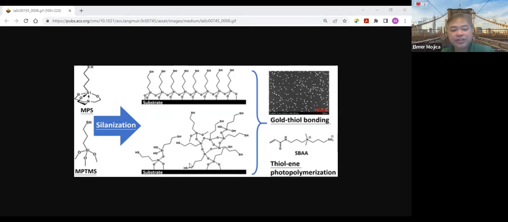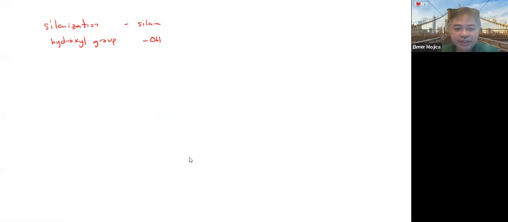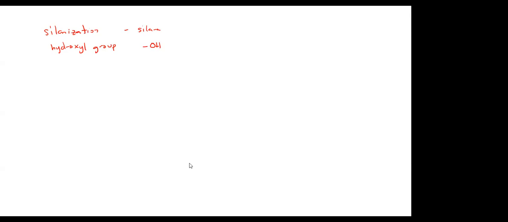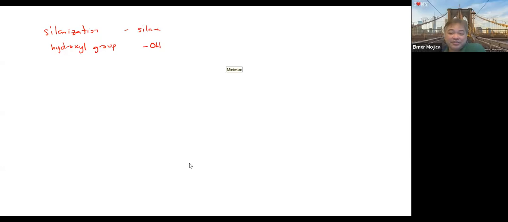I don't know if you have heard this term before. What is the compound involved in silanization? Silicon, po. Okay, so usually it is silicon.